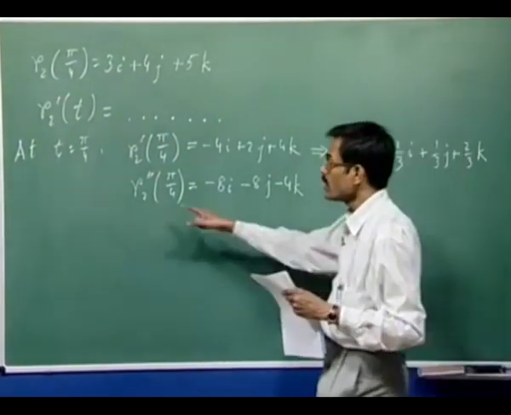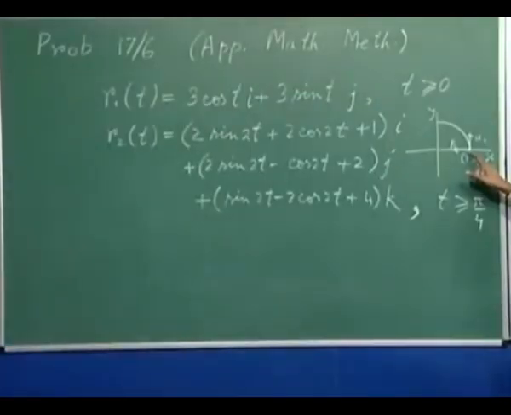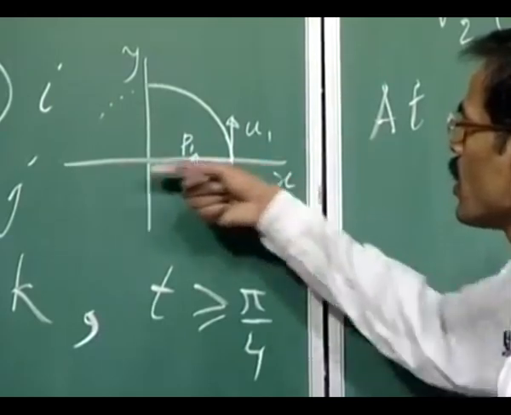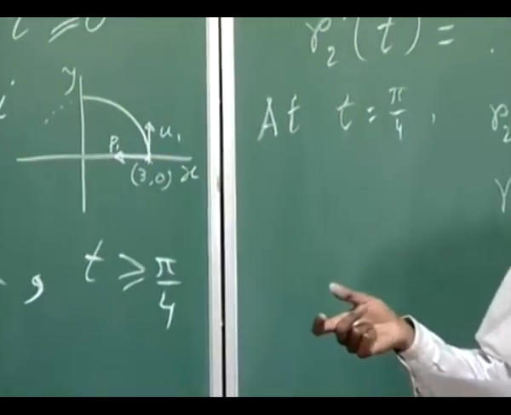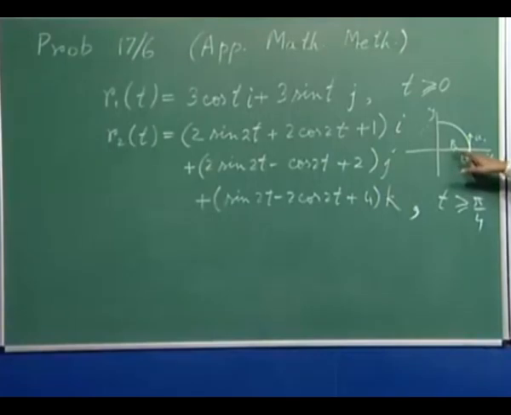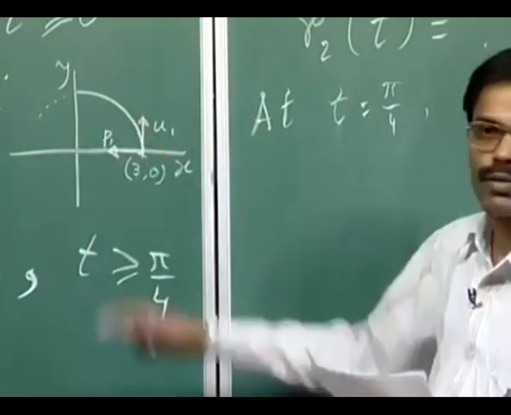Now, in the first case, as you saw, it was very clear that the tangent vector came to be in the direction j and the second derivative appeared in the direction minus i, which are perpendicular to each other anyway. So, we did not have to subtract the component of r double prime along the direction of u.